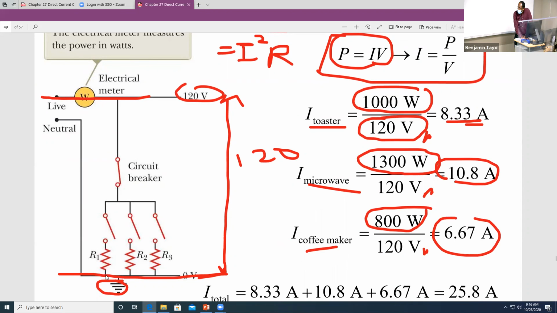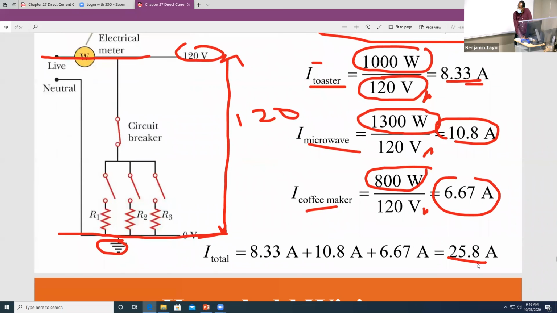Now, if I were to sum all the current, so this current plus this current plus this current, it gives me the total current. Because this point is a junction, whatever current comes here is going to split into 3 parts. So if you add these 3 currents up, it tells you the original current that goes through the circuit breaker, right? In a real household application, you can put a switch here. You can put a circuit breaker.